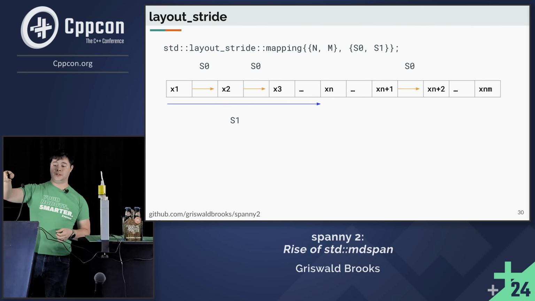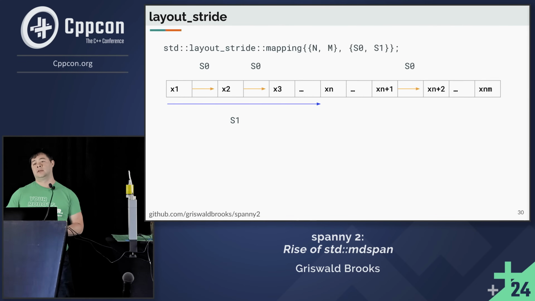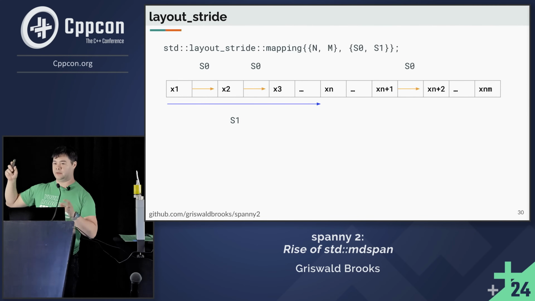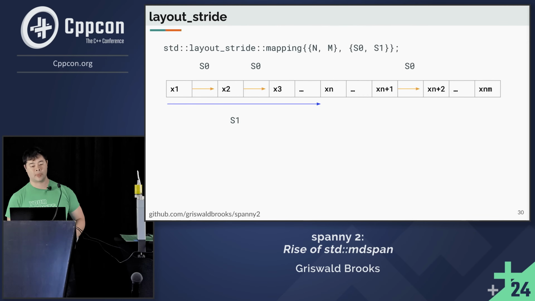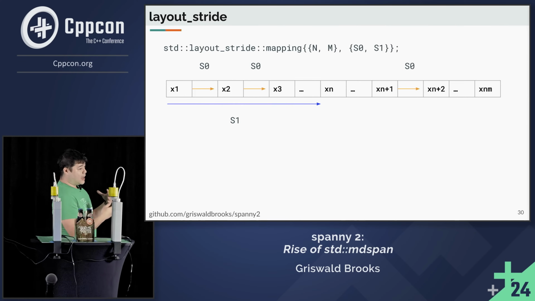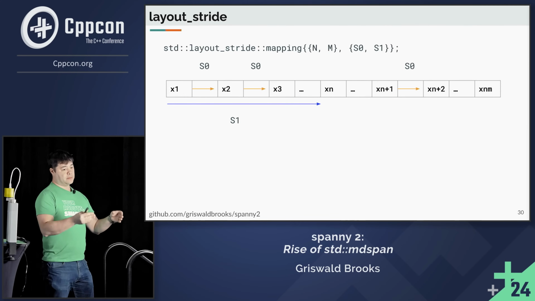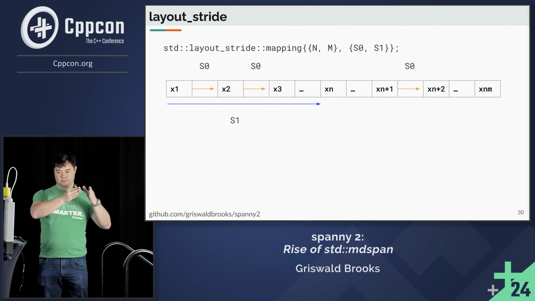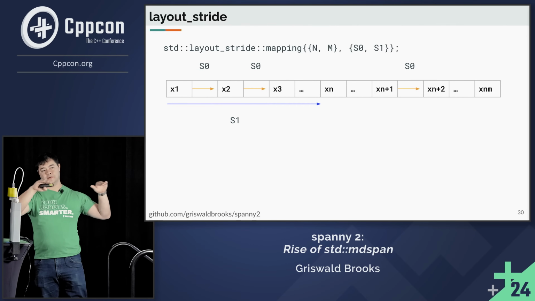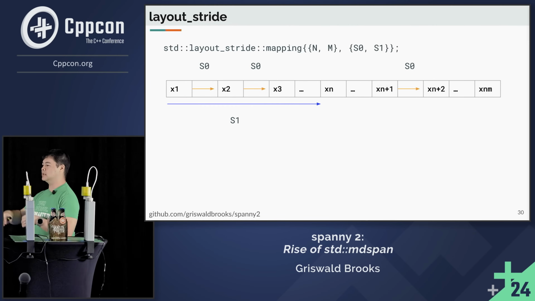So x1 to x2, x2 to x3, xn plus 1 to xn plus 2, right? That's that first stride parameter. Whereas the second stride parameter, S1, is the spacing between rows, or that grouping along the first dimension, the first extent, right?